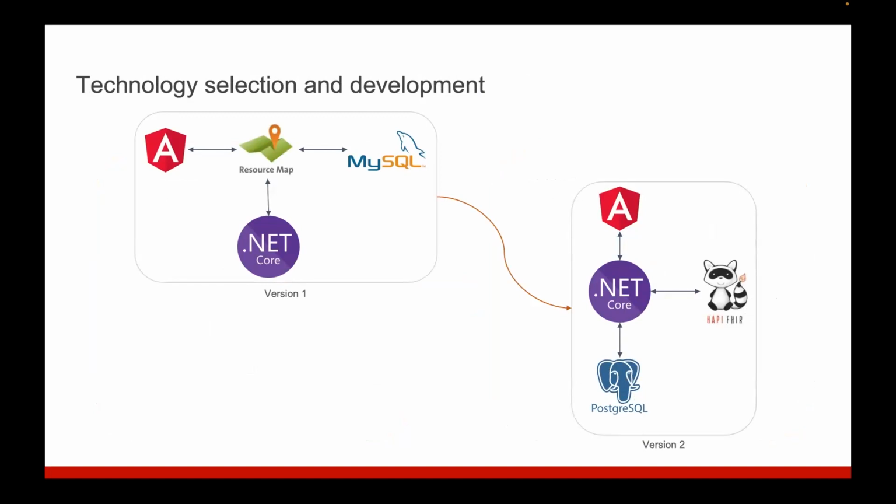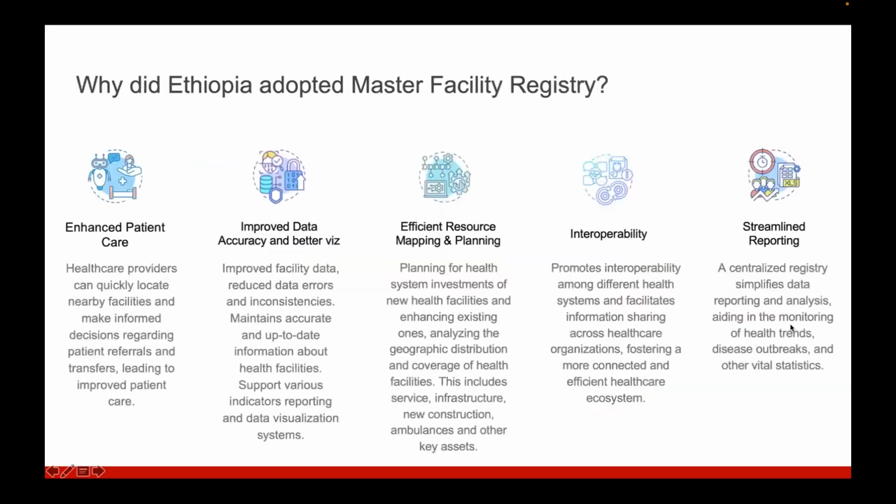Now we have changed this by using HAPI FHIR, and we are still using .NET Core and Angular for the backend framework and the front end. But we changed MySQL to a Postgres database. This is just to give you a background about the tech stack.